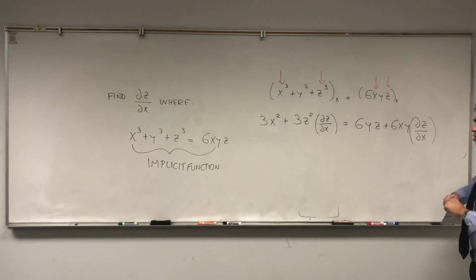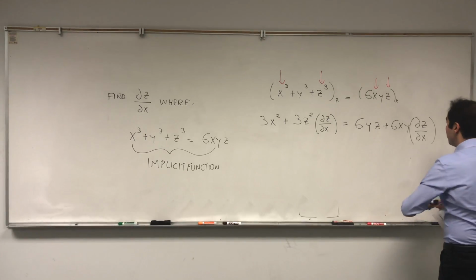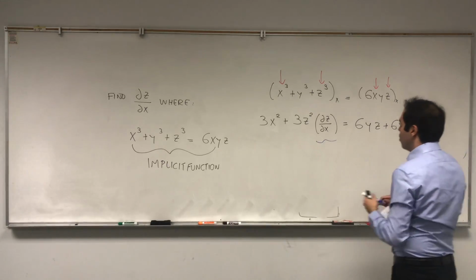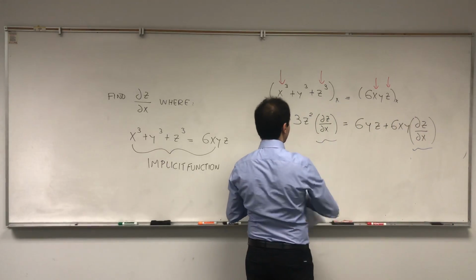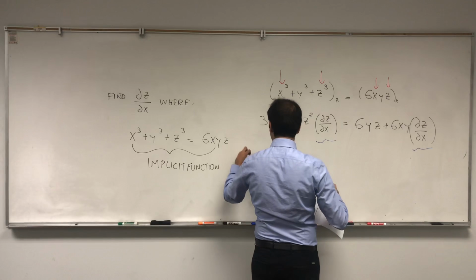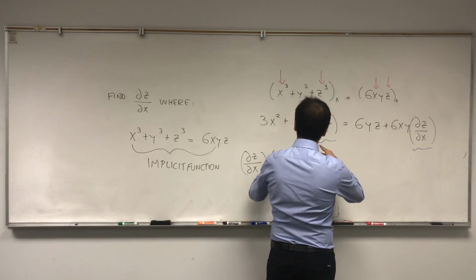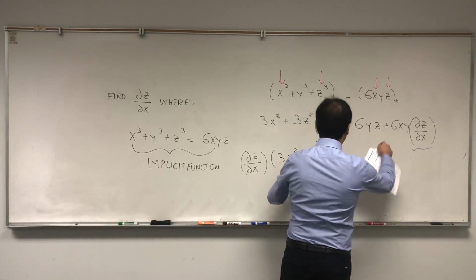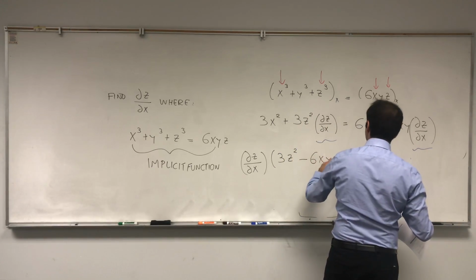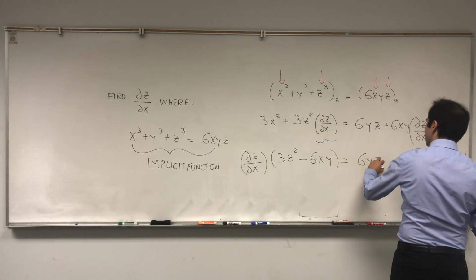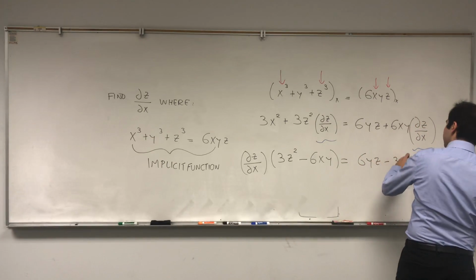And notice this is just a system with unknown partial z over partial x. So let's put all the partials on the left-hand side. So partial z over partial x times 3z squared minus 6xy, and that becomes 6yz minus 3x squared.